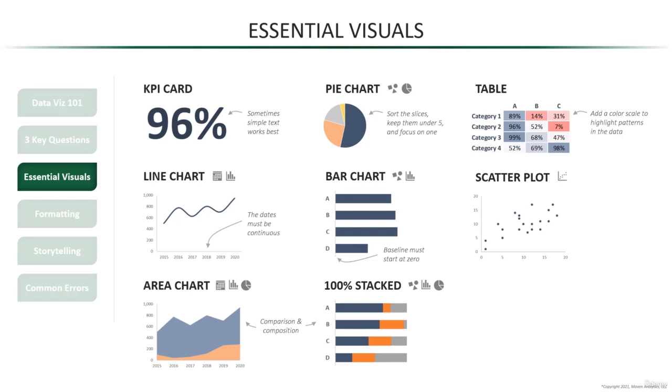Now, if you want to show relationship between 2 variables, then the scatter plot is the way to go. Just remember that correlation does not imply causation. And what I mean by this is that a strong relationship between 2 variables does not necessarily mean that one is causing the other.